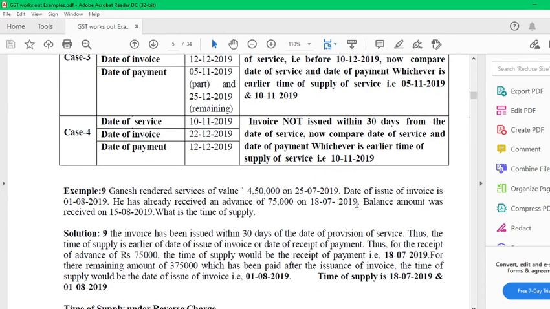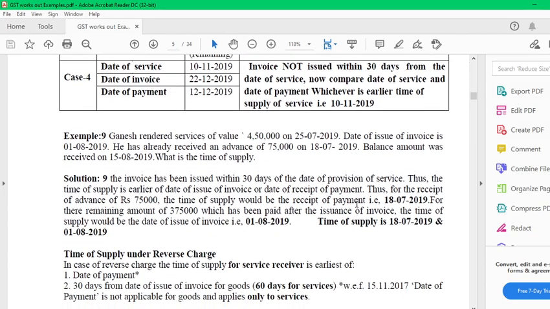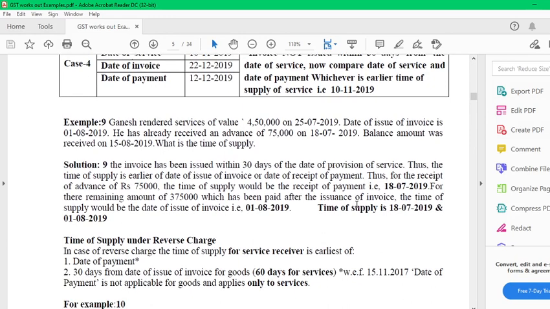Next, Ganesh renders a service of value rupees 4,50,000 on 25/7/2019. The date of issue of invoice is 1/8/2019. He has already received an advance of 75,000 on 18/7/2019. The balance amount is received on 15/8/2019.